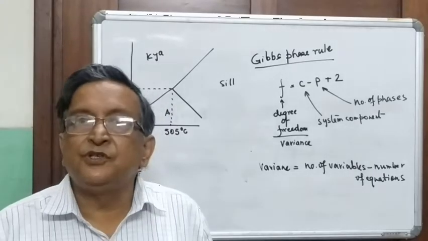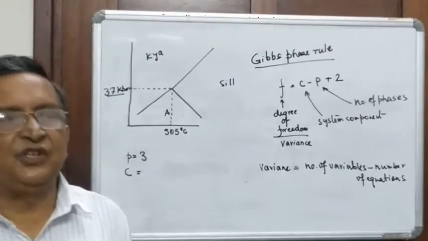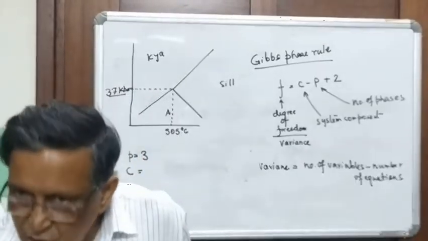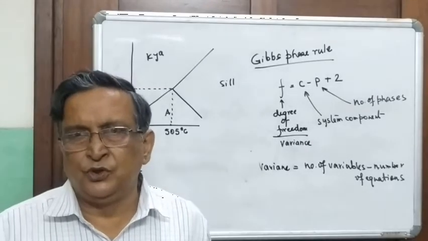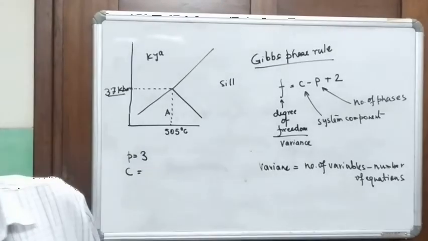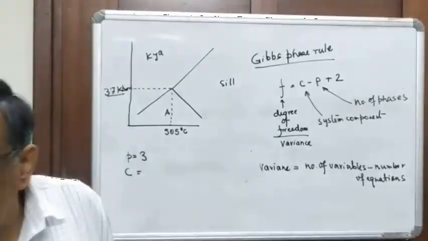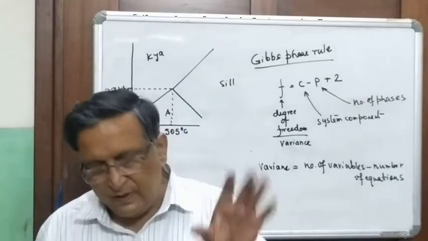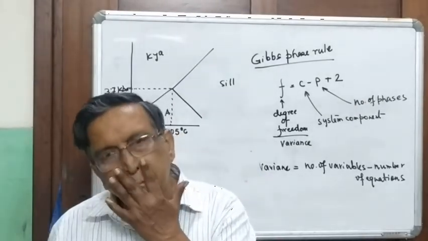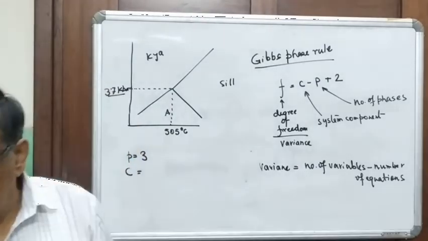Because without the composition, you will not be able to find out C, the system components. Impossible. Okay?